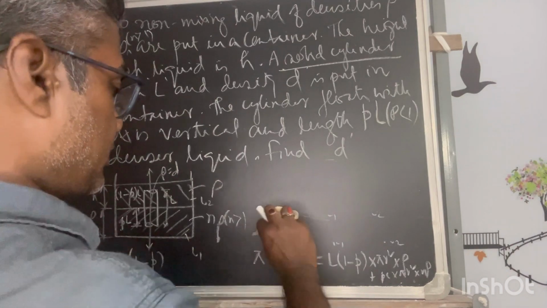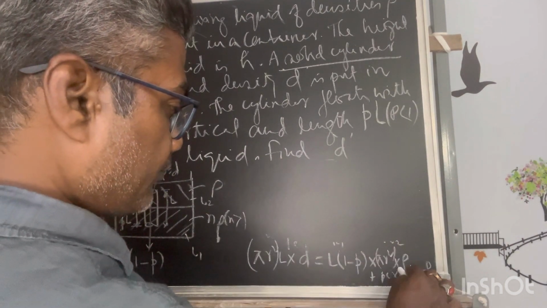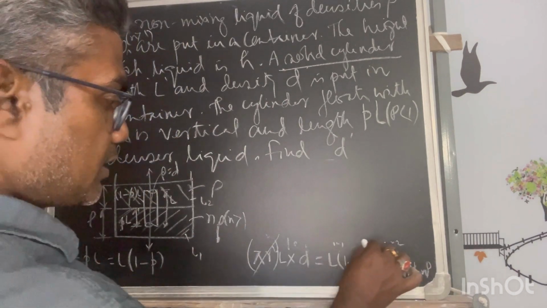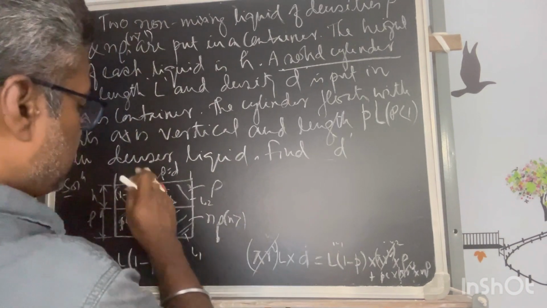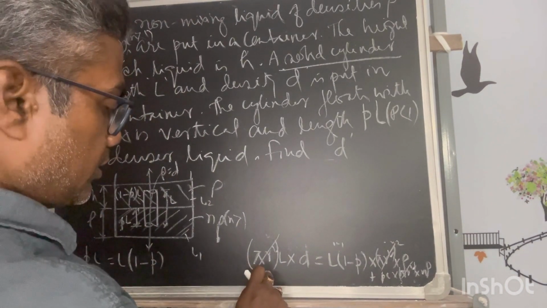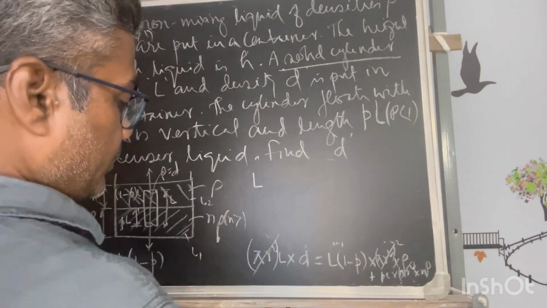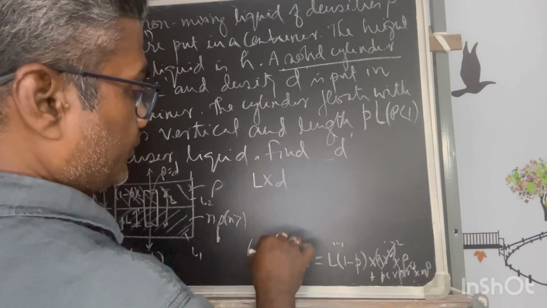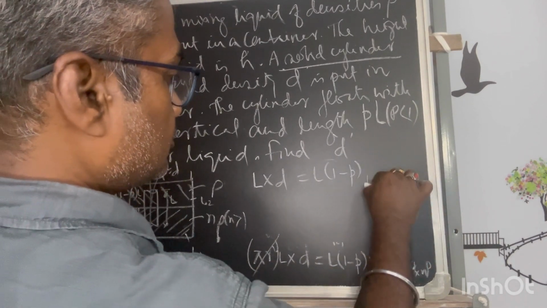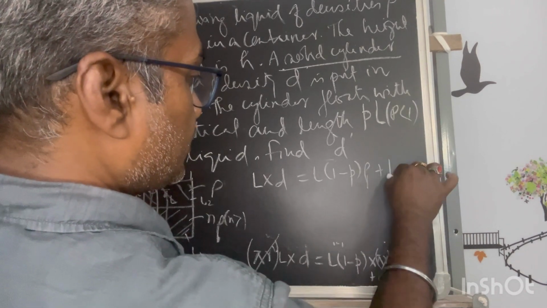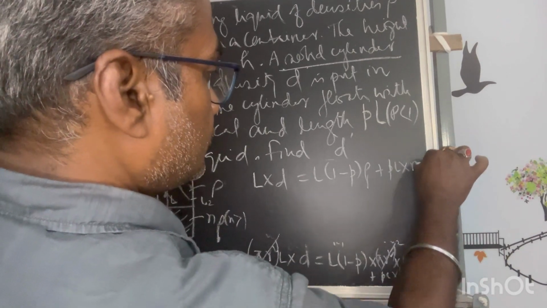Here you can see that pi r square is the same everywhere, so for the cylinder this part is not contributing. When we discuss a cylinder with axis vertical, we need not write it separately. So you can write directly the length into the density equals length into density rho here, and here length into density n rho.